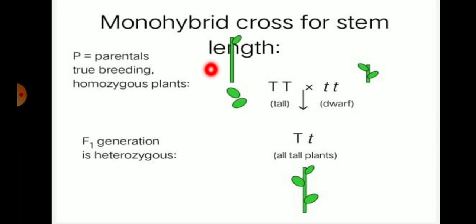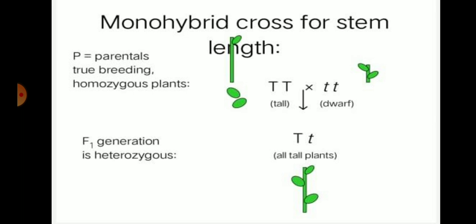One is a tall plant and one is a dwarf pea plant. The tall plant has the genotype T T, whereas the dwarf plant has the genotype small t small t. He crossed both these plants and formed the hybrid variety, the F1 generation, which is heterozygous, but the result is that all plants are tall.